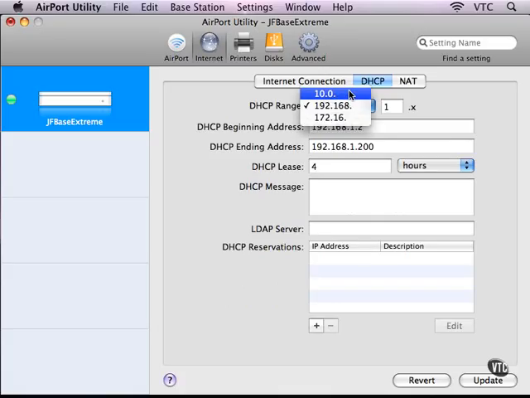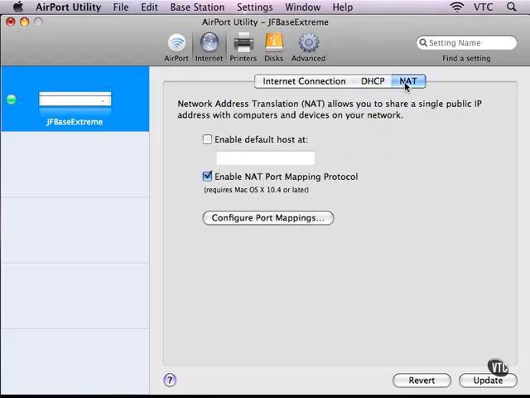So for a larger network, you would probably choose the 10.0 range and select what range of beginning and ending addresses you want, and those addresses will be distributed by the base station, and it will take care of mapping from the single public IP address that the cable modem has gotten to the devices on your local area network, and no one on the network will realize that they do not have an IP address that was assigned by the internet service provider.